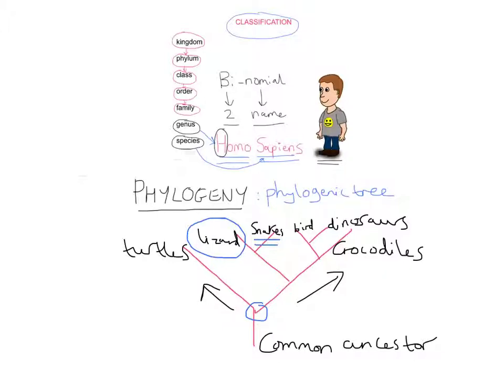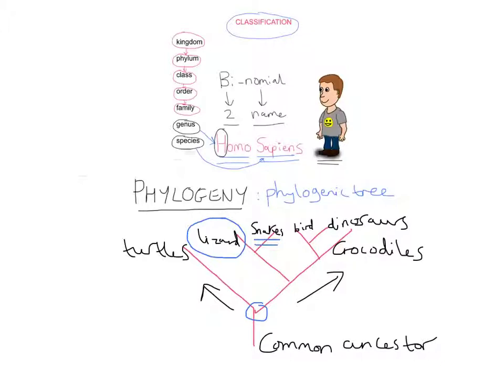If gene sequences are similar in two organisms, then the species are related. So the more sequences they have in common, the more closely related they are. For example, you might not have guessed, but the closest relation to an elephant is actually a manatee. You wouldn't necessarily think those two would be related, but DNA evidence has suggested otherwise.